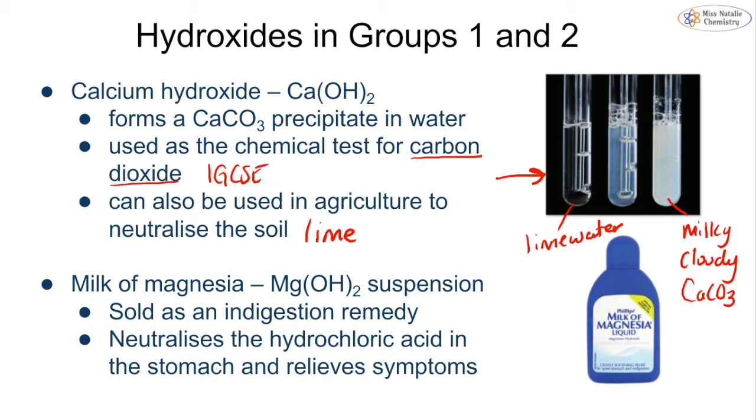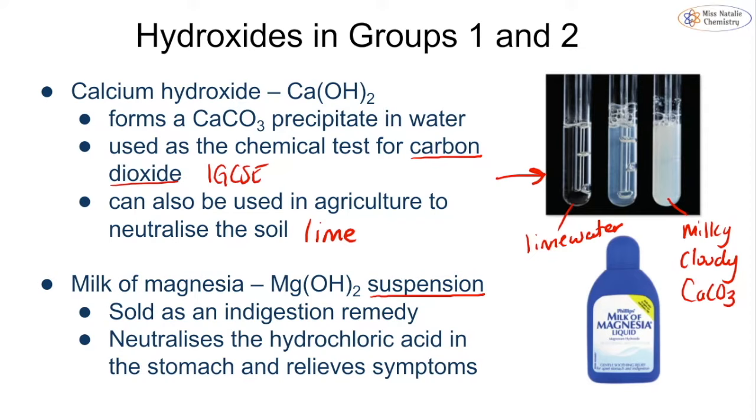Magnesium hydroxide, on the other hand, is not particularly soluble. In fact, it's almost insoluble, but it can form something called a suspension. That's when we have the magnesium hydroxide being suspended in a liquid, typically water. And we call this milk of magnesia.